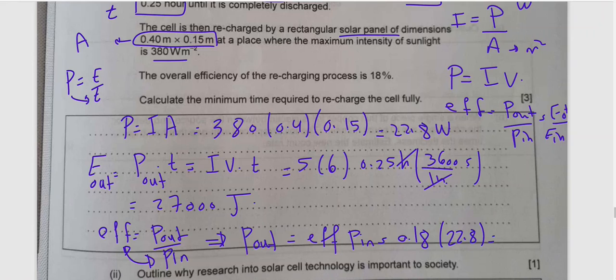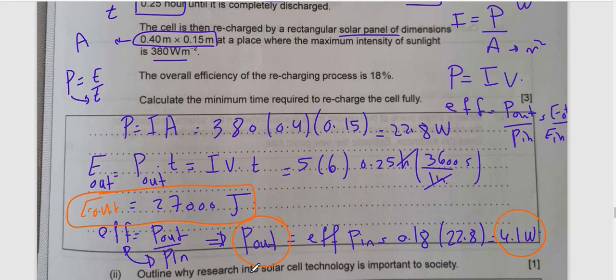And this will be 4.10 watts. Now I need time. Time will be energy delivered divided by P delivered. The energy out is 27,000, and P out is 4.1.